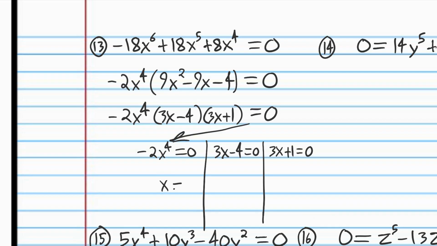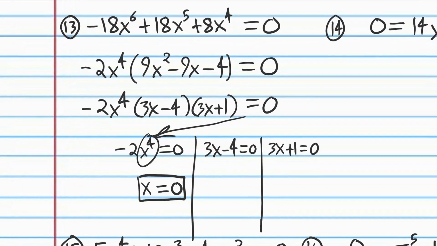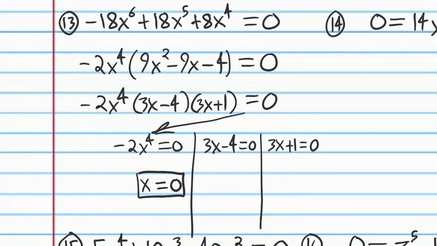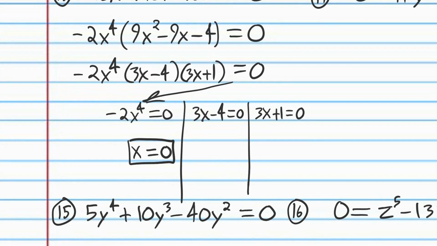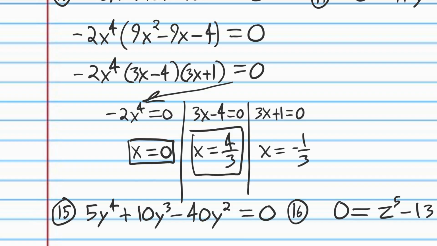And of course, the monomial just tells us that x can be 0, because if you plug in 0 to any monomial, as long as there's an actual variable to plug it into, it's going to make the monomial 0. x is equal to 4/3, and x is equal to negative 1/3. So if you got those answers, good job.